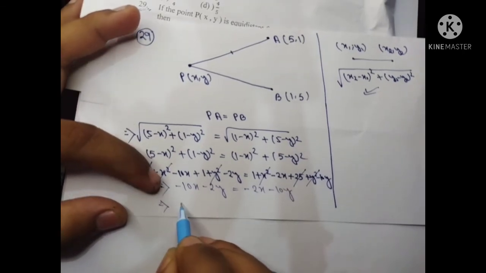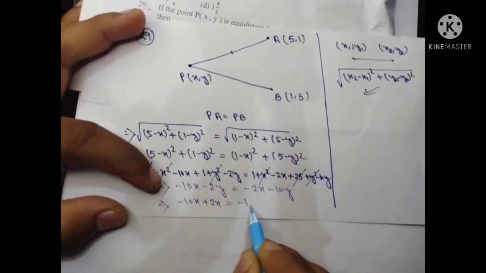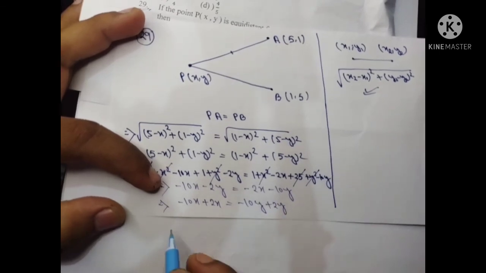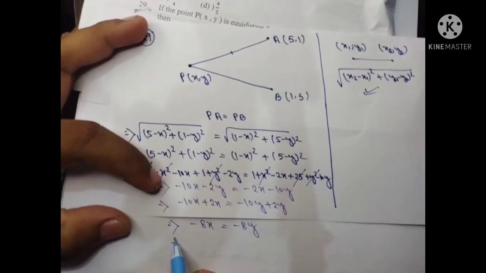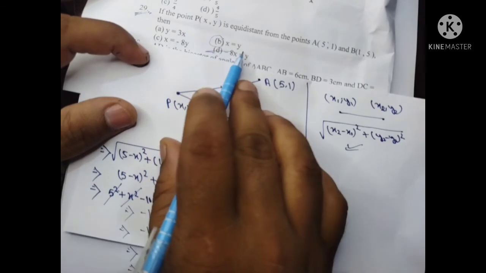That means minus 10x plus 2x equals minus 10y plus 2y, which is equal to minus 8x is equal to minus 8y. That means x is equal to y. So here option B is the right choice, x is equal to y.